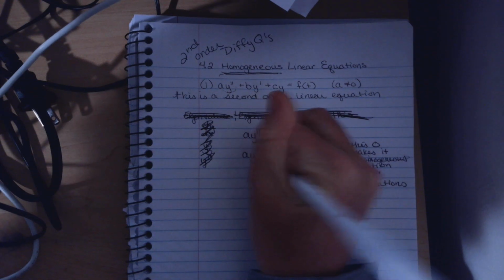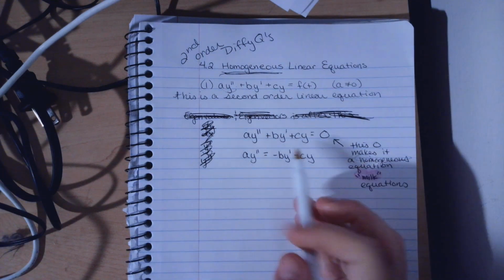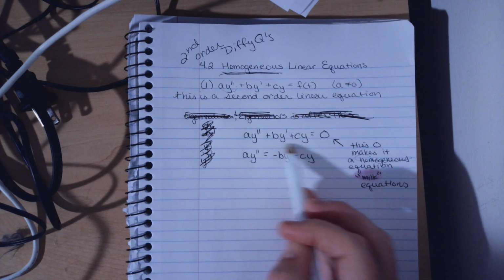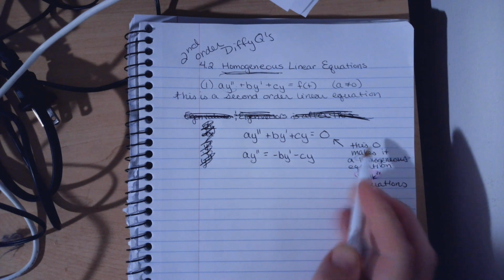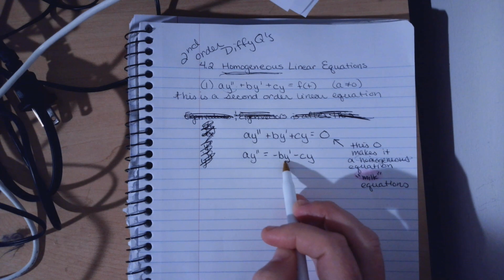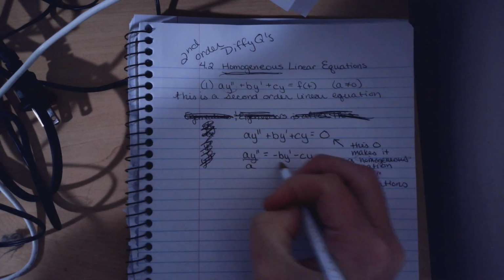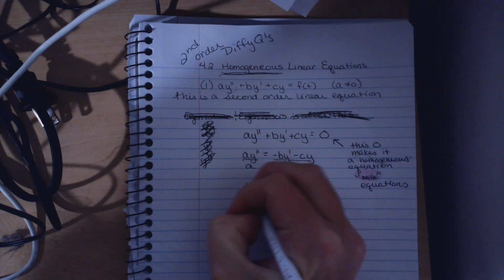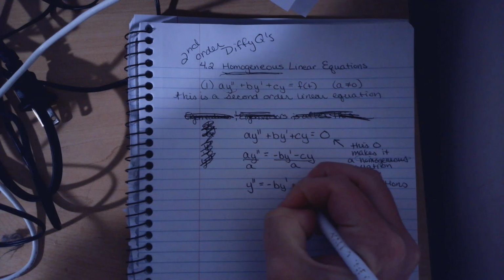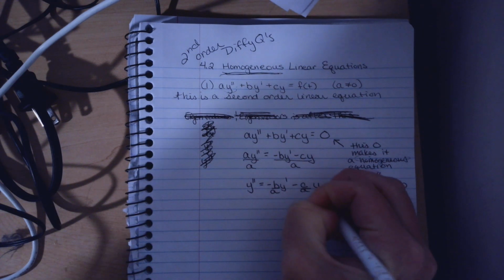I subtract b y prime and c y from both sides, so I have a y double prime equals negative b y prime minus c y, and then I divide by a. We get y double prime equals negative b y prime over a minus c over a times y.